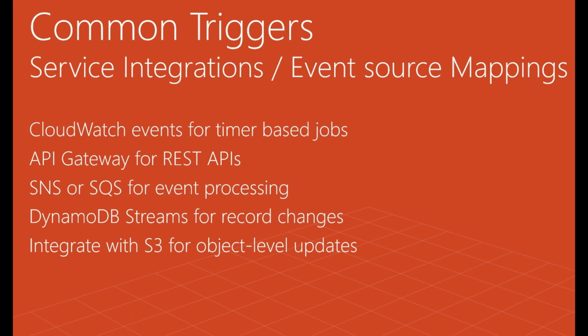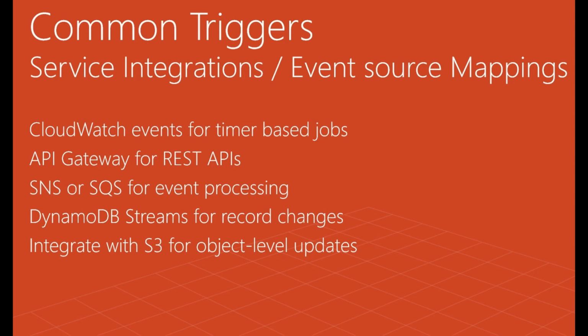We can also think of real-time data processing, streaming data from Kinesis data streams or event data from Amazon EventBridge. And we can also think of web application backends, building serverless backends for web applications using API gateway as a trigger.